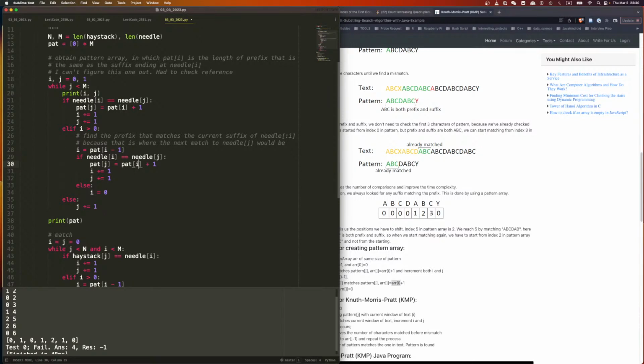Okay, that does make sense, because of this thing. We have to add 1. This 1 is actually counting the star. Because pat I minus 1, this is saying from the start to this, right?